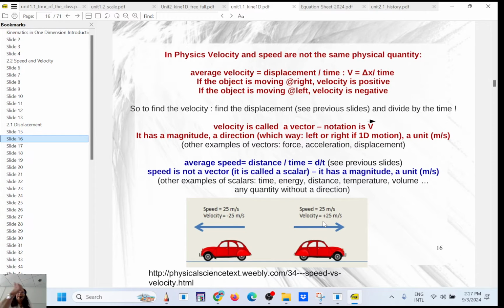And if it's moving to the left, the velocity is going to be negative. Here the speed is the same, but the velocity is not the same because you have a minus. Minus means to the left; instead of saying west, we show the direction with a negative sign.